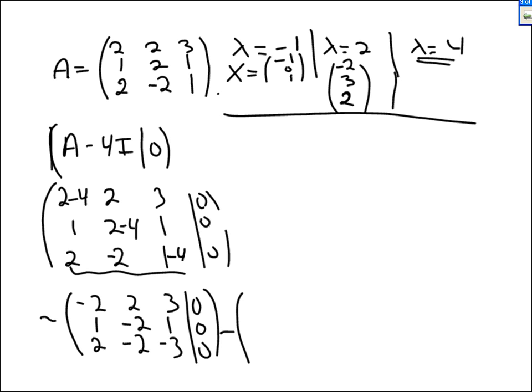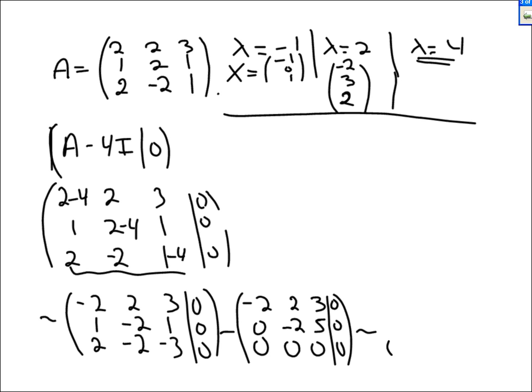Now, I reduced this a little bit, and I got this result. Let me go a little bit further. The third row is not going to change. And to get the second row, I'm going to divide by negative 2.